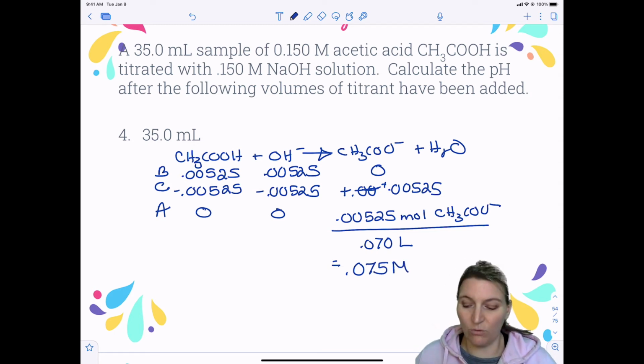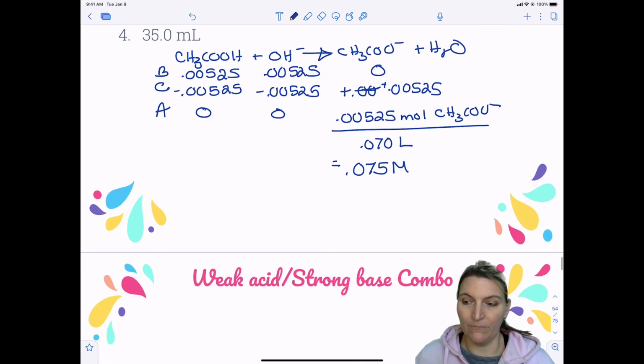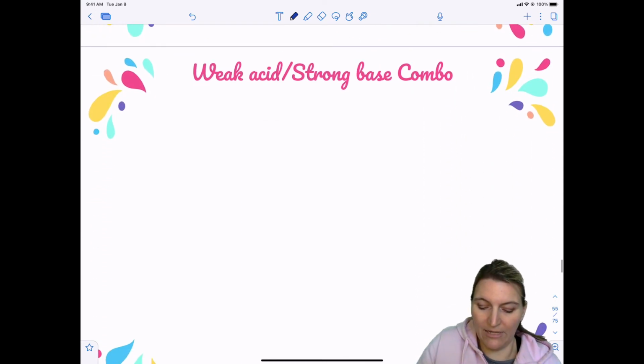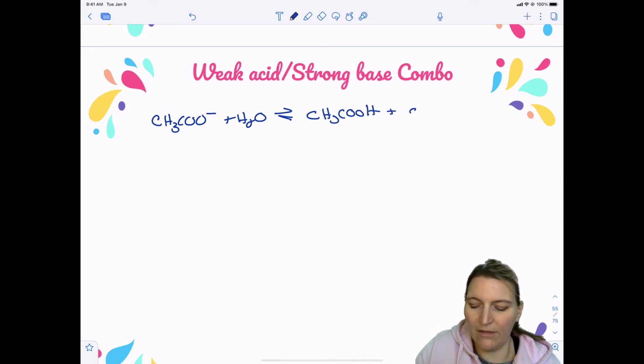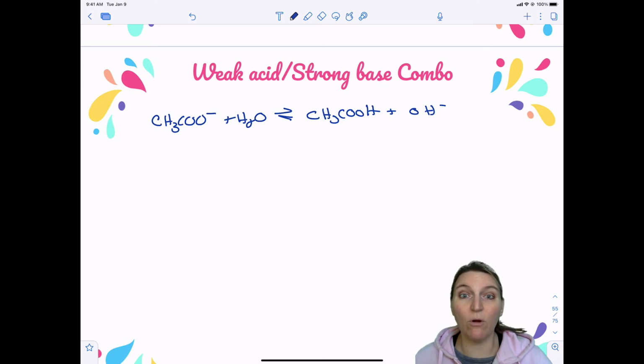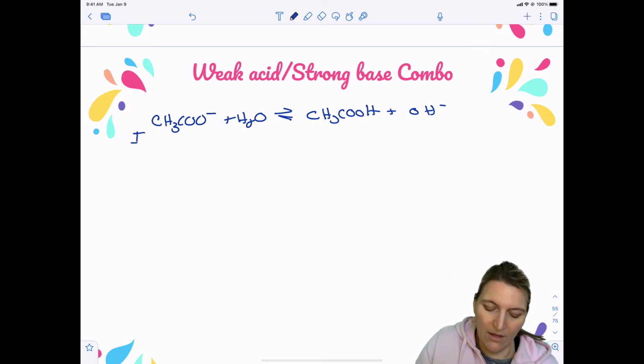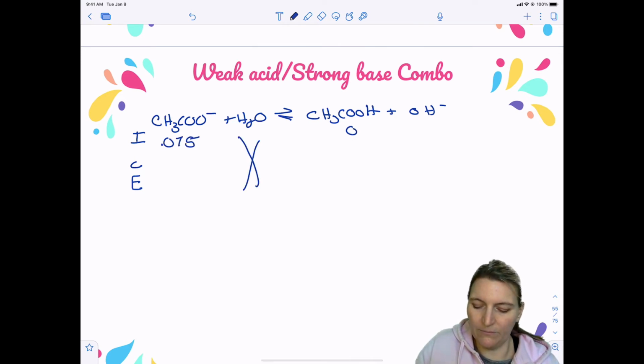So what is actually going to be reacting in solution is the acetate ion, right? It reacts with water. It's a conjugate base. It takes the hydrogen off of water and leaves behind OH minus. That's why we're going to have a basic solution. This is an ICE chart here just to keep us organized.